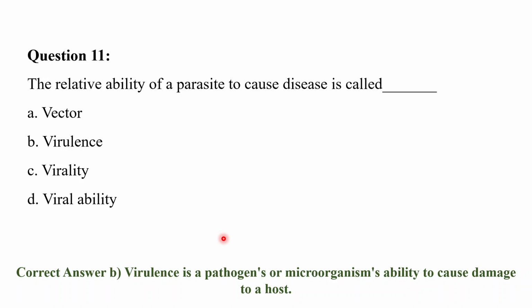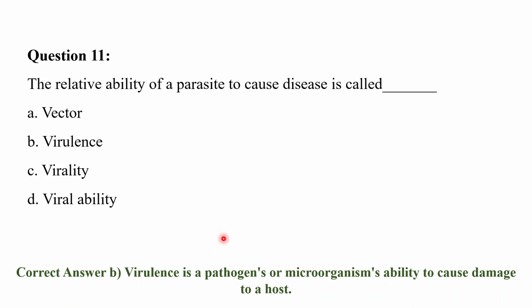If you remember, during the COVID pandemic, people were talking about different variants of the virus. Initially there was Omicron, then the Delta variant. So different variants of this virus had different degrees of virulence.